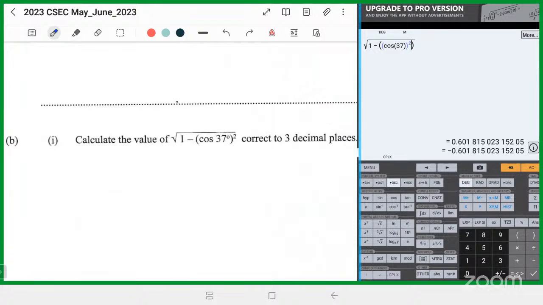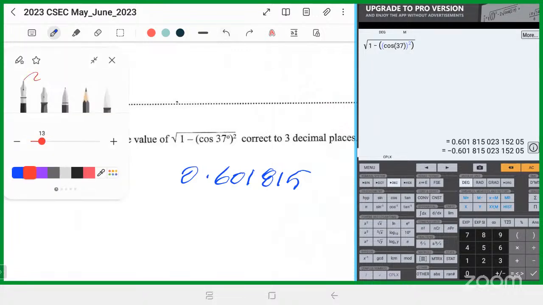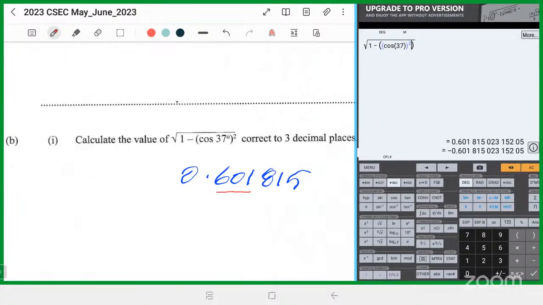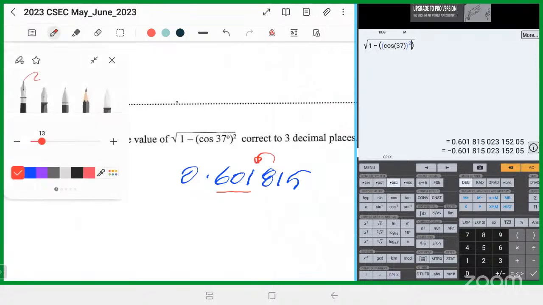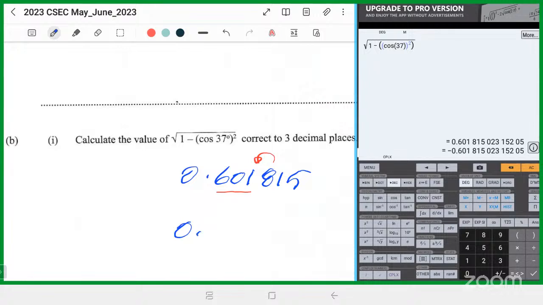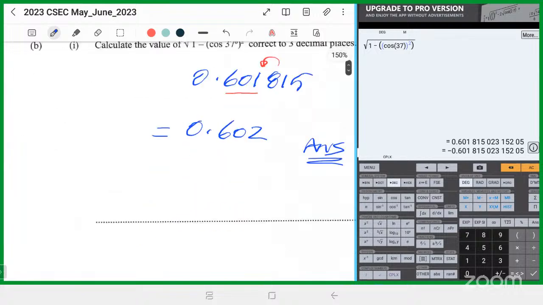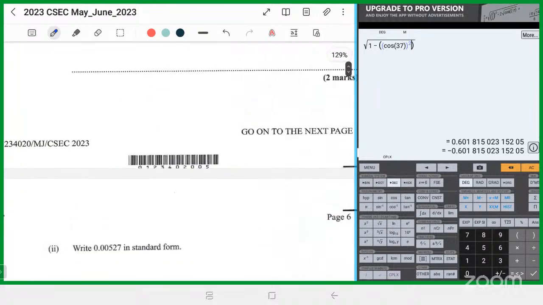I'm getting 0.601815 and so on. These are your 3 decimal places that you need to correct. This 8 will increase this by 1. So the 3 decimal places will become 0.602. This is your answer. 2 marks for that.